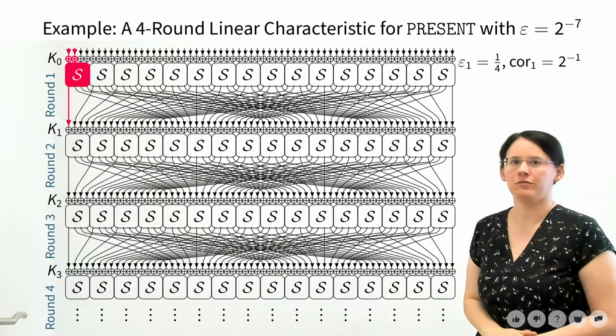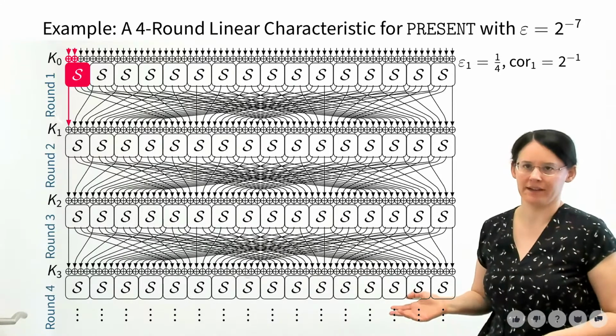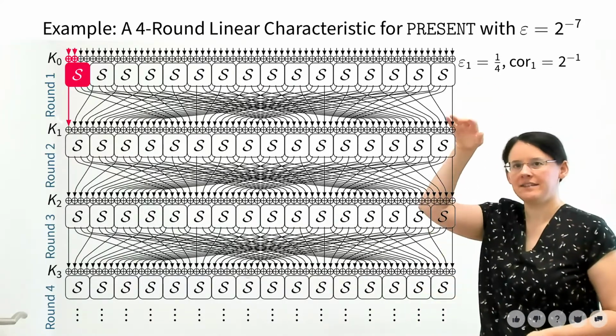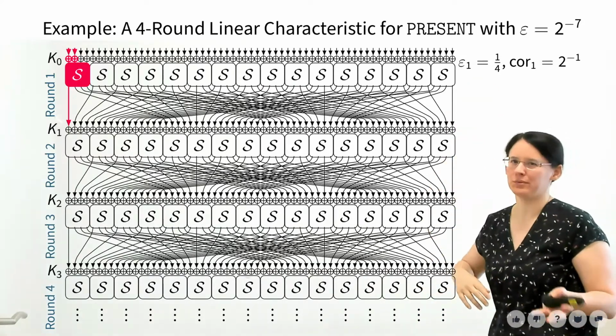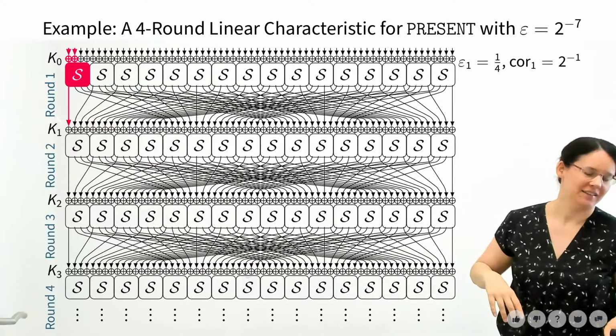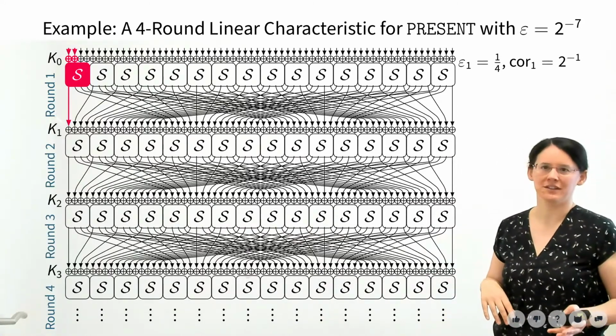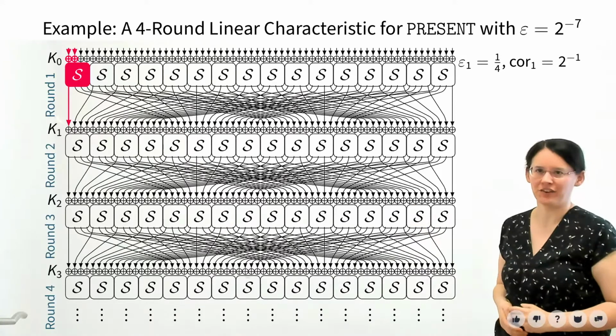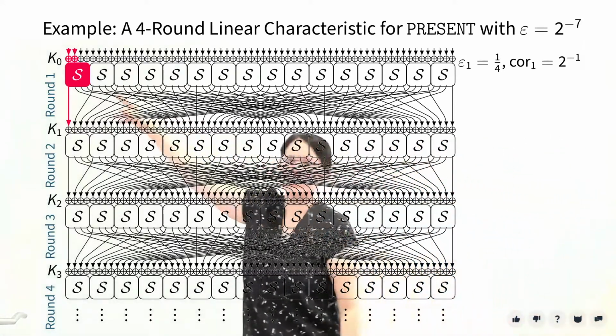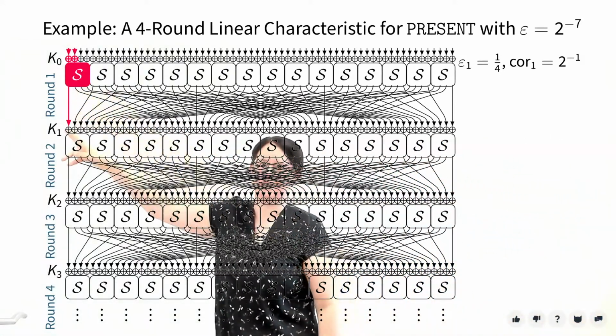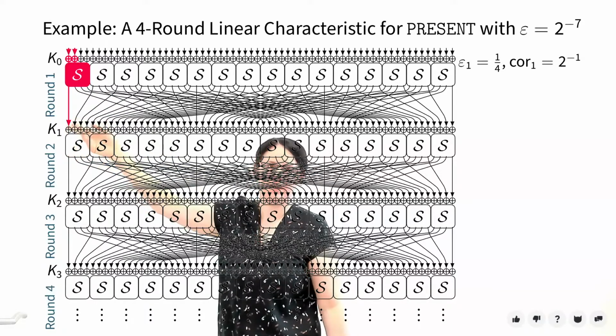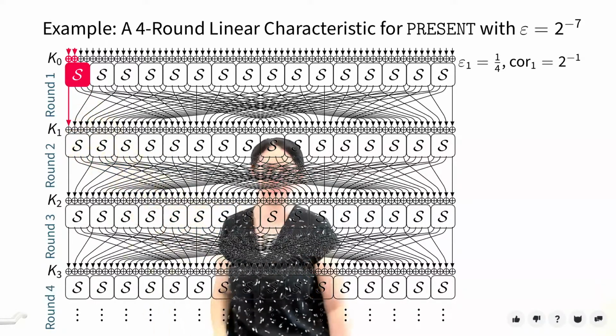And we can now simply follow this output bit through the linear layer. So if the linear layer is as easy as here, I don't actually have to mess around with writing down the matrix and taking its transpose and so on. I can simply look at the picture and see that having an equation about this bit is the same thing as having an equation about that bit. Or in other words, I can just write down the mask here.